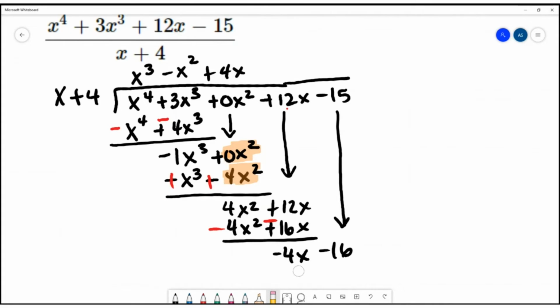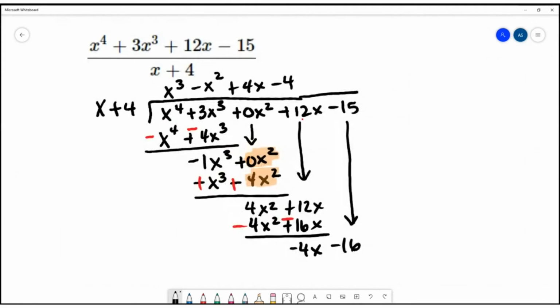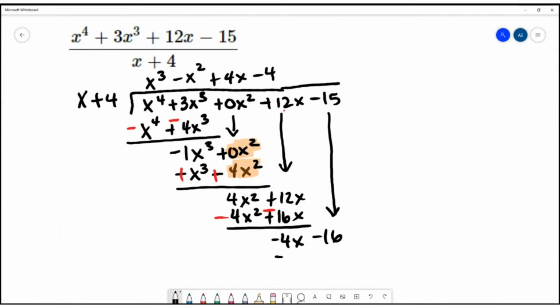x divides into negative 4x, negative 4 times. And negative 4 times x is negative 4x. Negative 4 times 4. Excuse me, I made a mistake there. That's a 15. Negative 4 times 4 is negative 16.